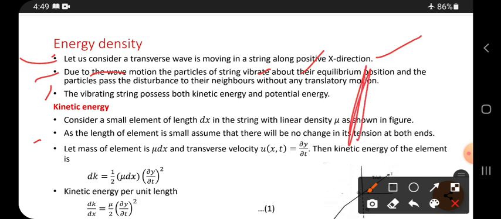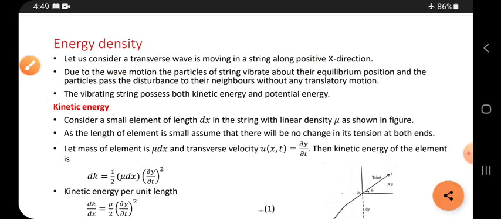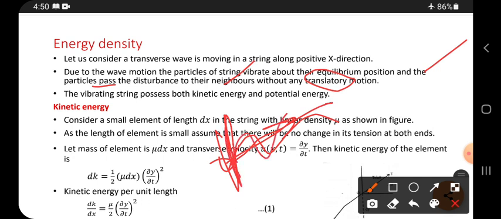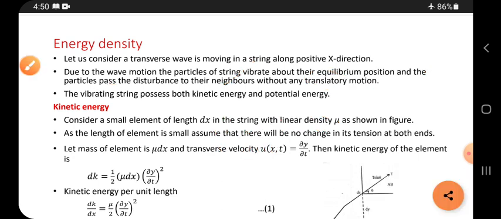They pass the disturbance to the neighboring particles without translatory motion, meaning the particle just vibrates there and cannot move away from its position, but it sends a disturbance to the neighboring particle.